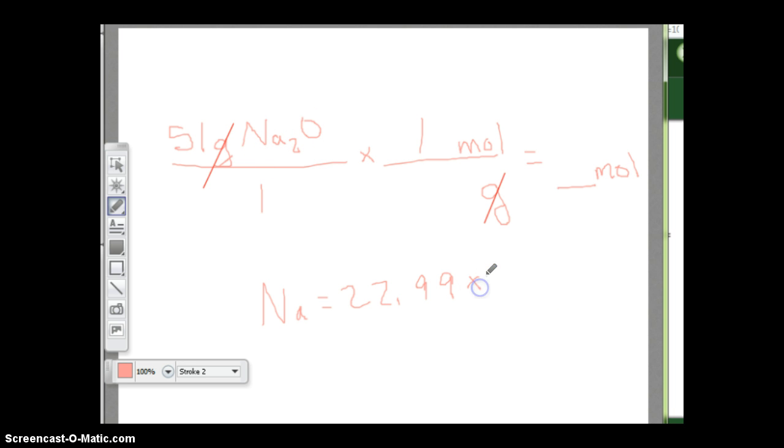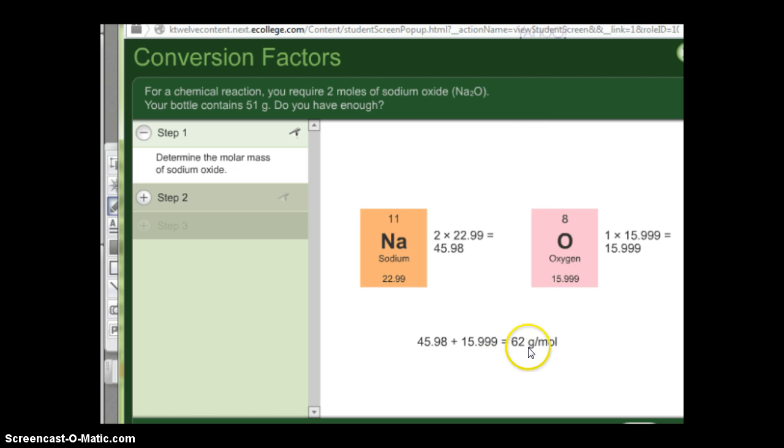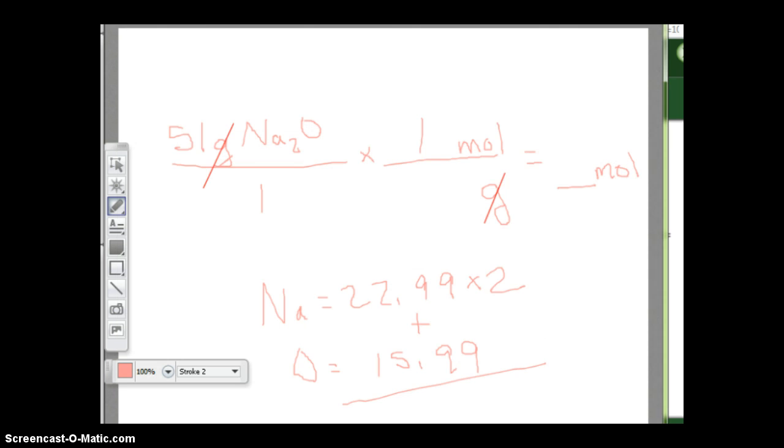So I'm going to take that times 2 plus oxygen. Oxygen, when you look on the periodic table, is 15.99. Add that together, and you're going to get 62 grams per mole. So 62 grams per every 1 mole.